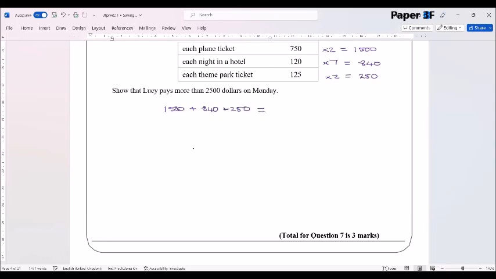Quickly type those into the calculator, and we'll see that that's 2,590. Finally, we just say 2,590 is more than 2,500, and we've shown it. Nice and easy.